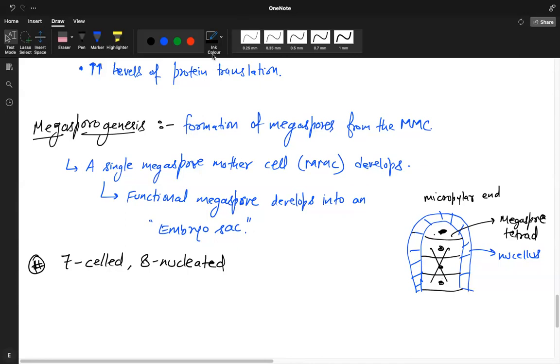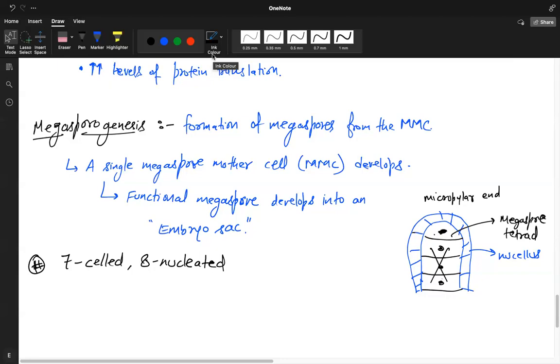Yes. So I was saying that this method of embryo sac formation from a single megaspore among the tetrad. So there is a tetrad which is 4 cells together, but only one forms the embryo sac.